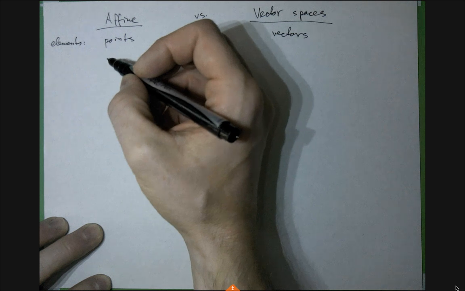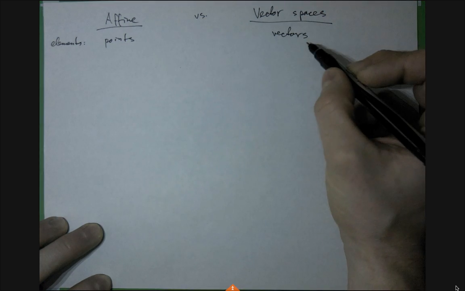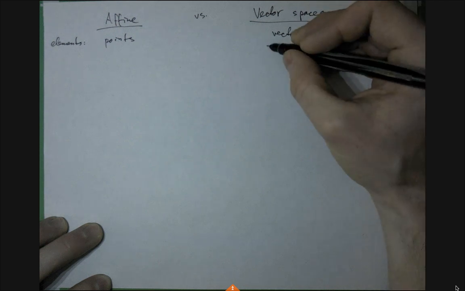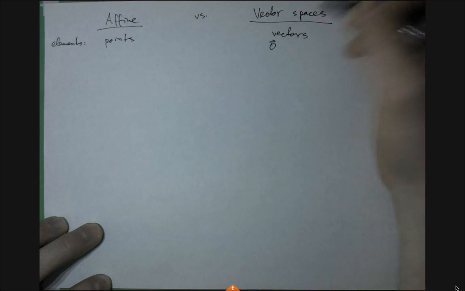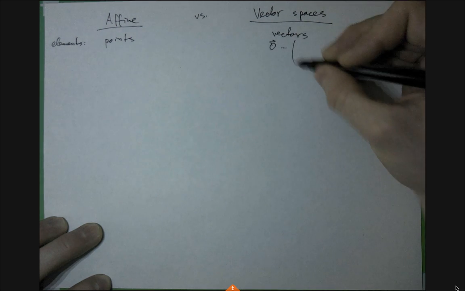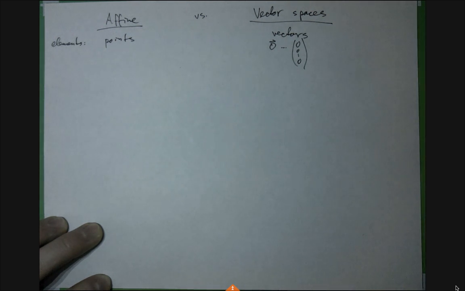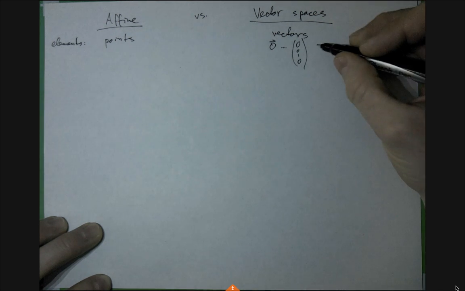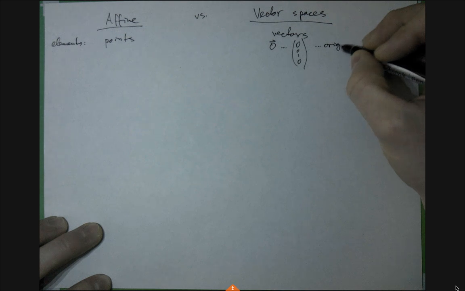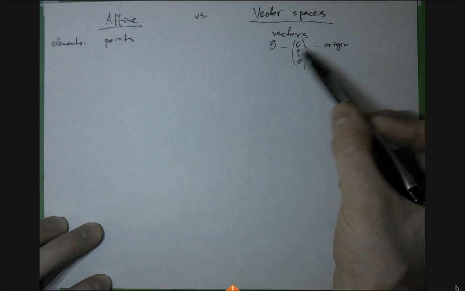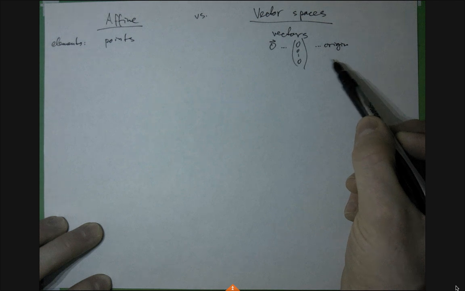There is no special point, as opposed to vector spaces, where you have the origin. If I have a vector space V, there is always the origin, the 0 vector, which is basically a vector with all zeros. And it plays a special role there. For example, linear transformations in vector spaces always preserve the origin, mapping 0 to 0.